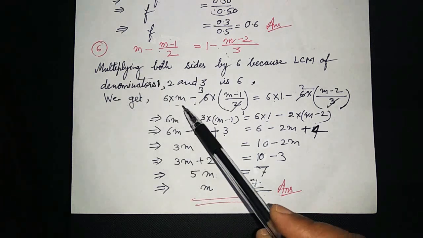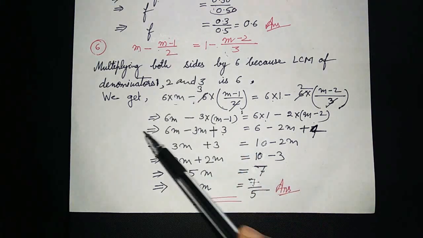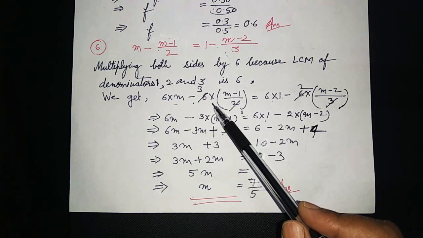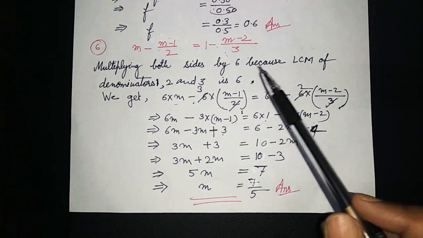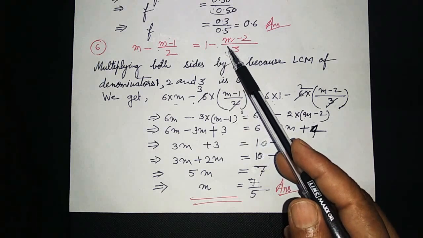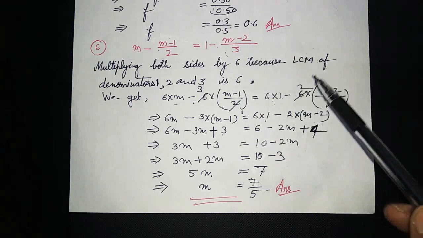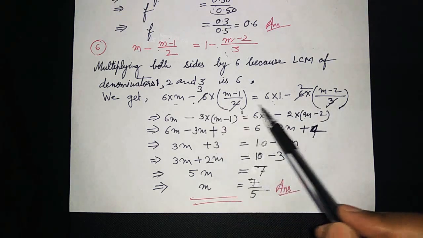Here m we will multiply with 6, here m minus 1 by 2 we will multiply by 6, and on right hand side this one we will multiply by 6, and m minus 2 upon 3 we multiply with 6, and after that we will reduce it.